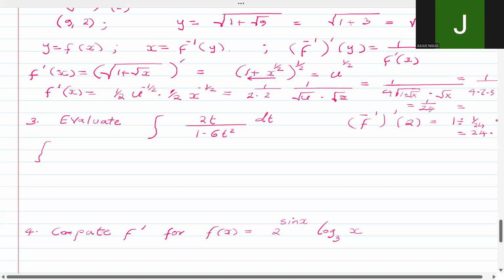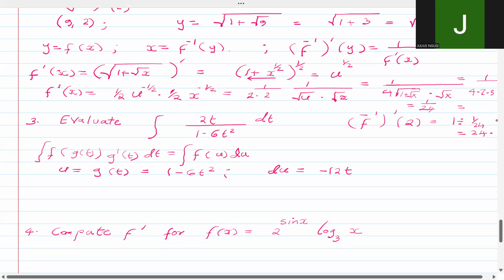If you look at this function well, you find that if you set u to be the denominator function in this rational function, that is u equals g of t, what is in parentheses, and if you call this one 1 minus 6t squared your g of t, then du will be equal to minus 12t dt.